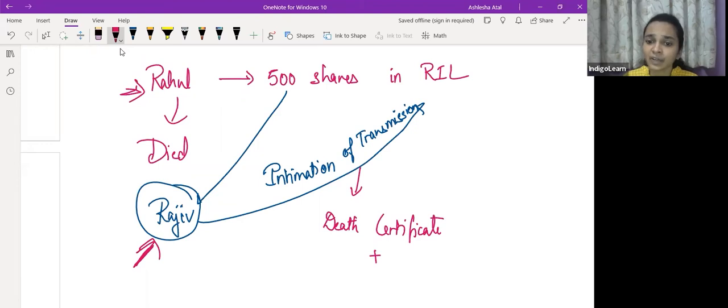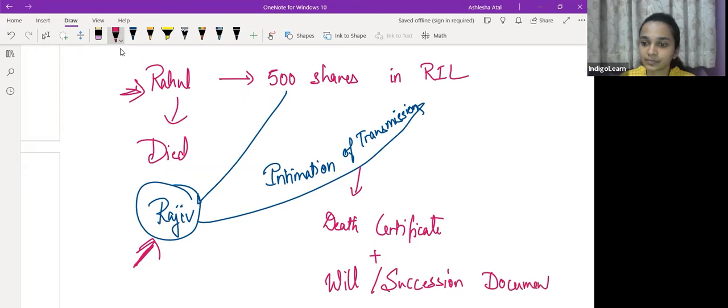तो उसके लिए क्या होता है? या तो विल होती है, राहुल्स विल, या फिर सक्सेशन डॉक्यूमेंट, डॉक्यूमेंट ऑफ सक्सेशन. और इफ देयर इज एनी नॉमिनेशन फॉर्म, सो वो नॉमिनेशन फॉर्म सबमिट करना पड़ेगा. सो in case of transmission, these are the things which happen.